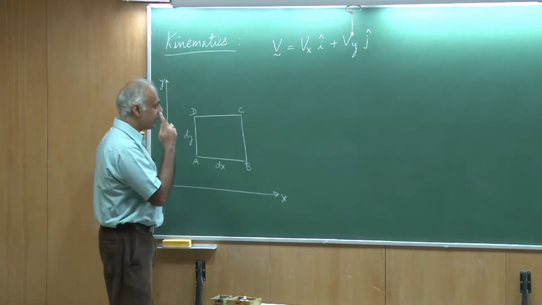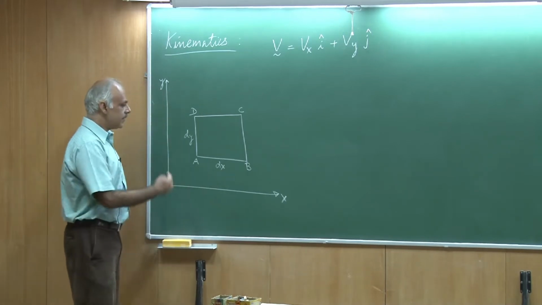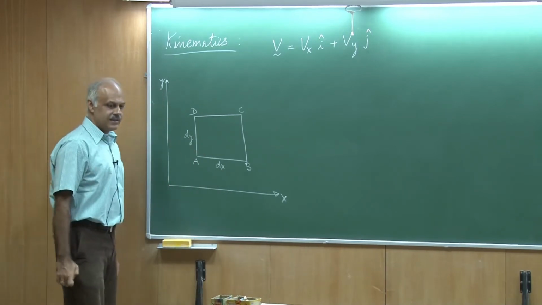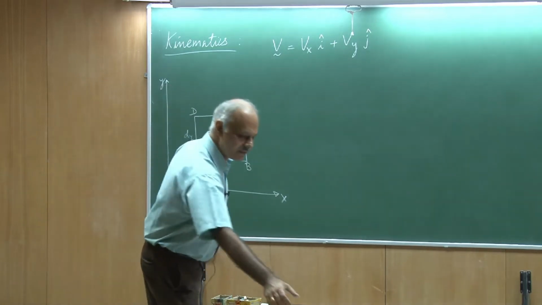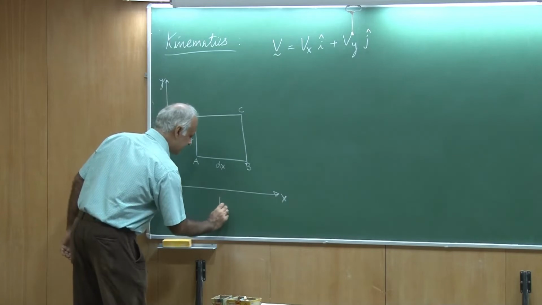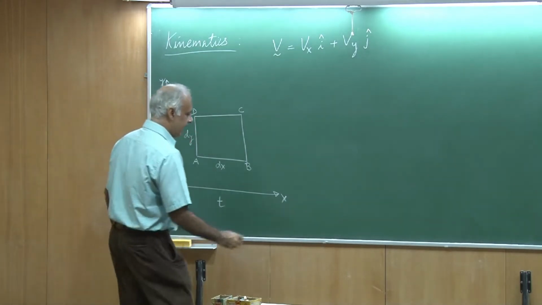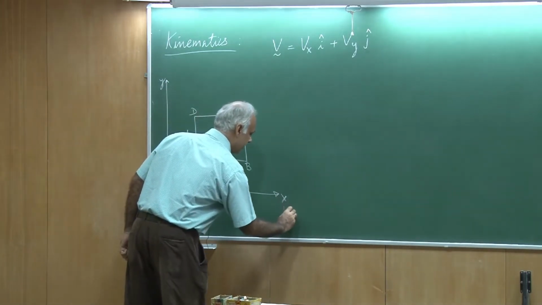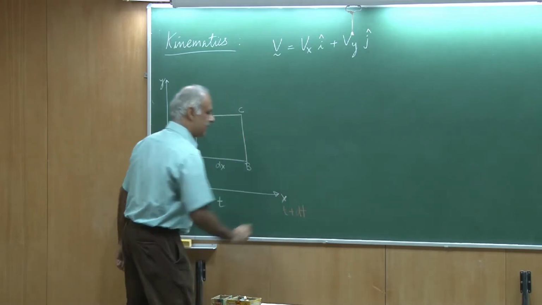Now, because of this velocity field, this element moves in the fluid. So, let me draw now what happens to this element after a time delta t. Let us say this is the element at time t, and I am going to draw for you the element at t plus dt.